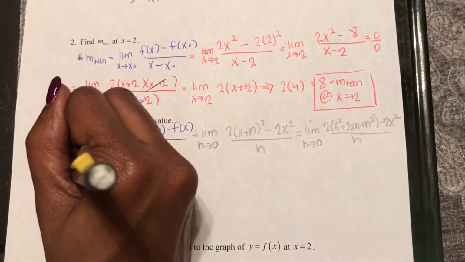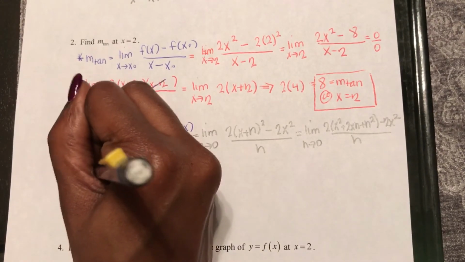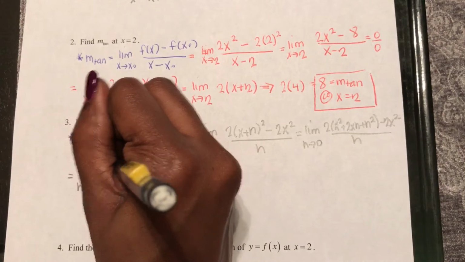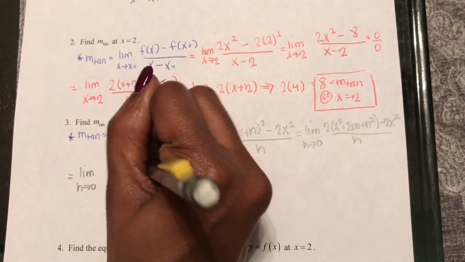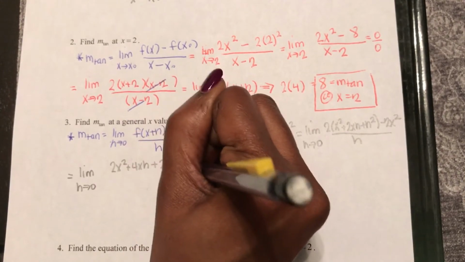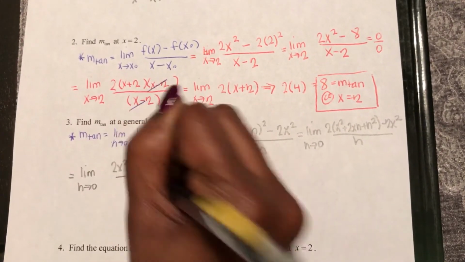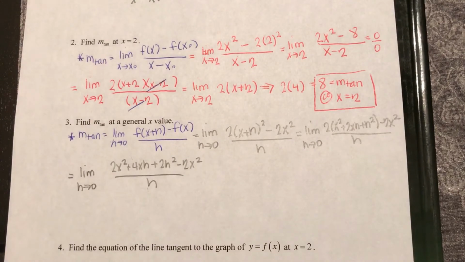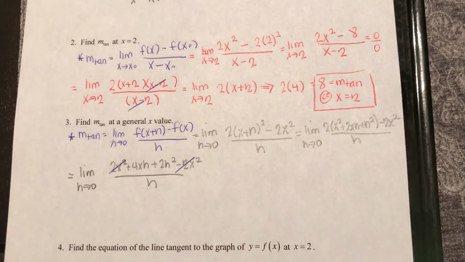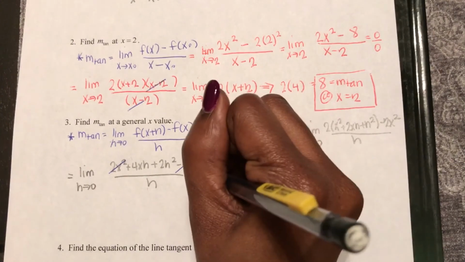So coming down here, now I have the limit as h approaches 0, distributing, of 2x squared plus 4xh plus 2h squared minus 2x squared all over h. And then these 2x squareds cancel out. So I'm going to do somewhat like 2 steps in one here.